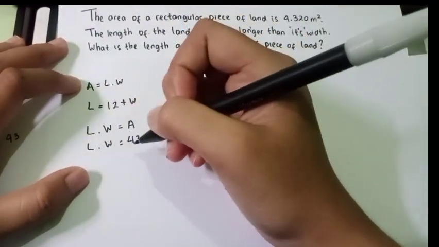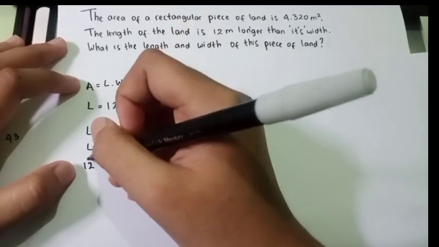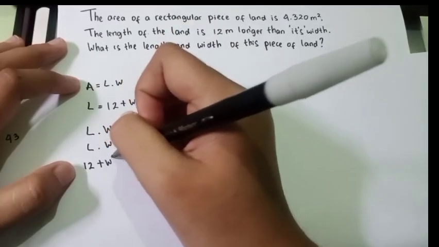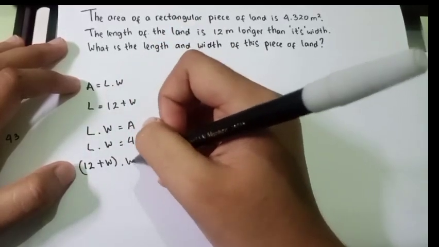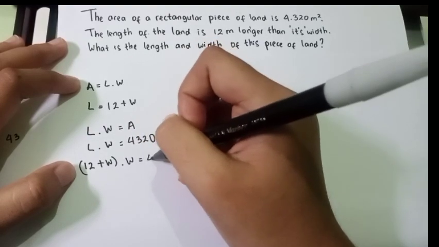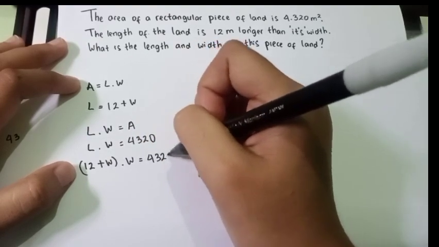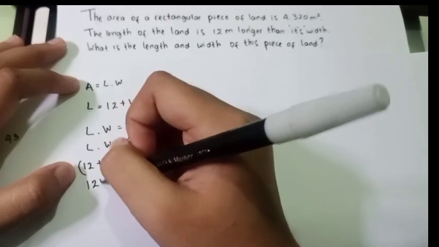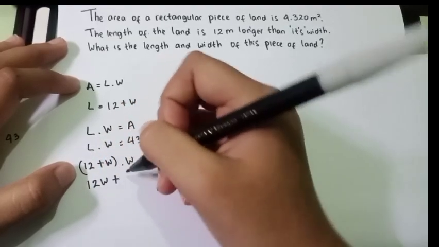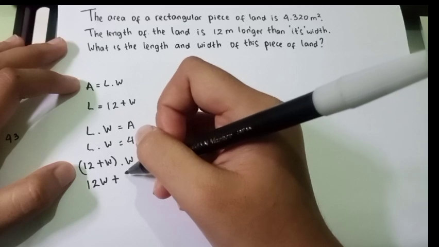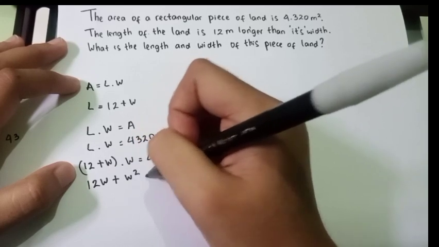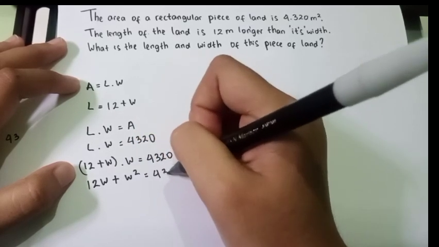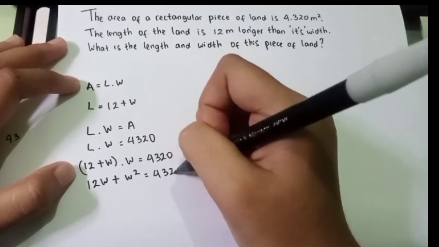We can substitute the known length: (12 plus width) times width equals 4,320. 12 width plus width squared equals 4,320.